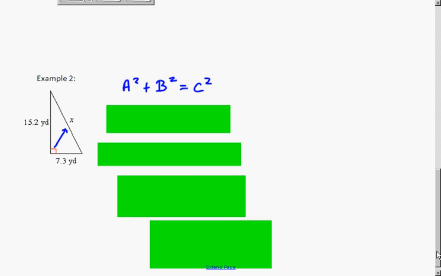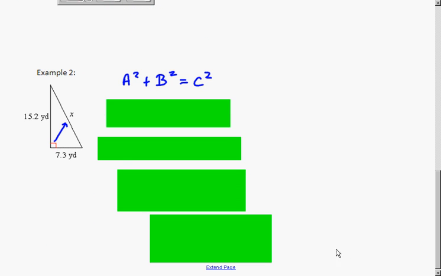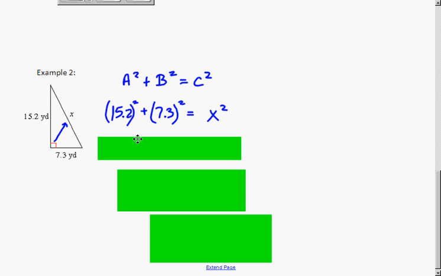Example 2, I'm going to have you go ahead and work through real quick. Again, first thing you should do is identify side c. Side c is x. So go ahead and give it a shot, and then check back in. All right, now that you're back, you should have plugged in 15.2 squared and 7.3 squared and x squared.